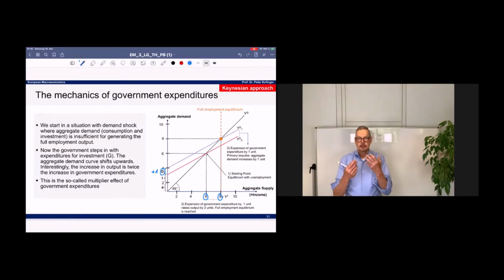Well, in order to understand the model, one has to know, and we've said that before, that aggregate supply always equals aggregate demand, and aggregate demand fully determines aggregate supply. So that's the logic. Now, if the government increases aggregate demand, for instance, by purchasing investment goods, the firms producing investment goods increase their supply by 1 unit.